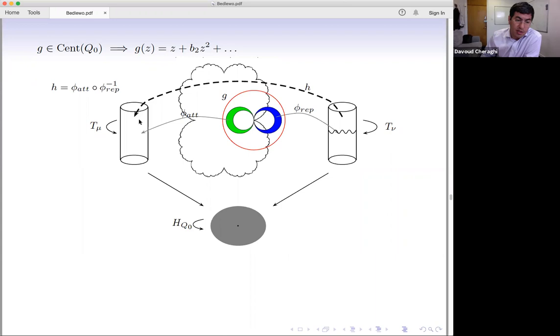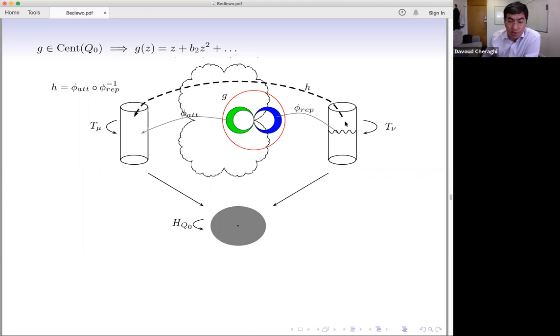So maybe I take a point Z here, you map it here, and then you apply G. It will be somewhere nearby. You iterate a few times by the quadratic map, and then you move back here. And you can do the same on the right-hand side.